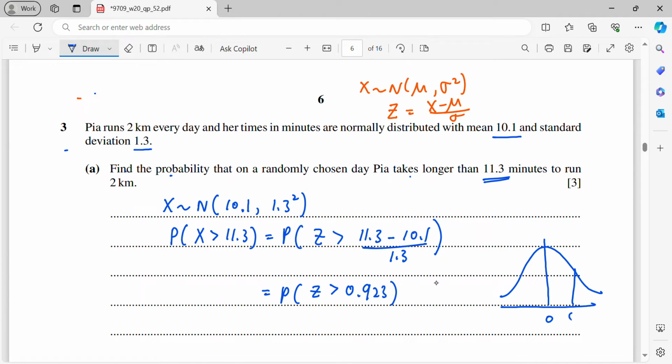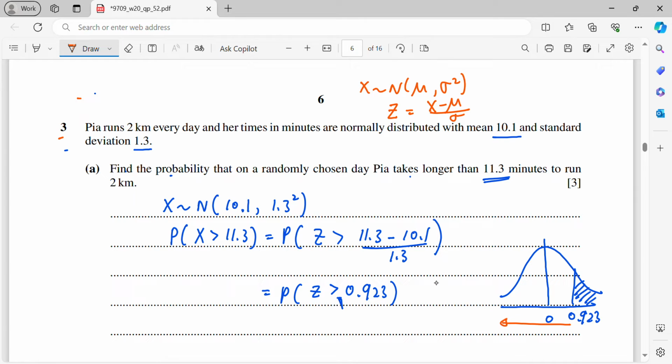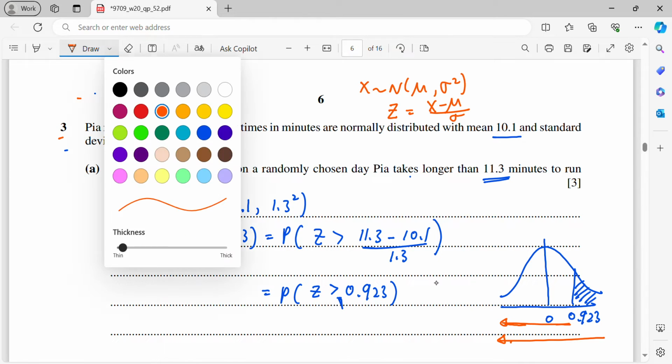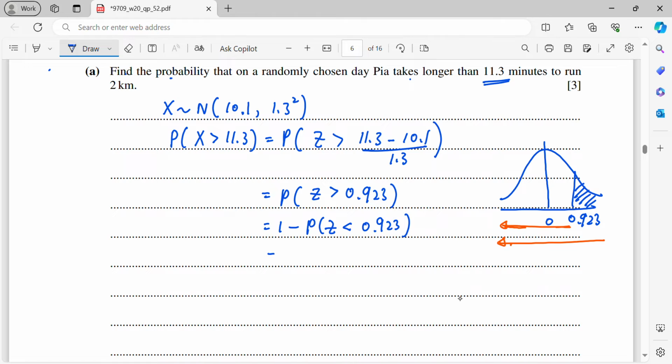So mark 0.923 on the right side of 0, and then the region is greater than, therefore it's from the line towards the right side. But when you refer to the table, it always shows you less than. That means I have to use total probability 1 minus P(Z < 0.923). Then get the probability from the table, you will be getting 0.8220, and at last that is 0.178.